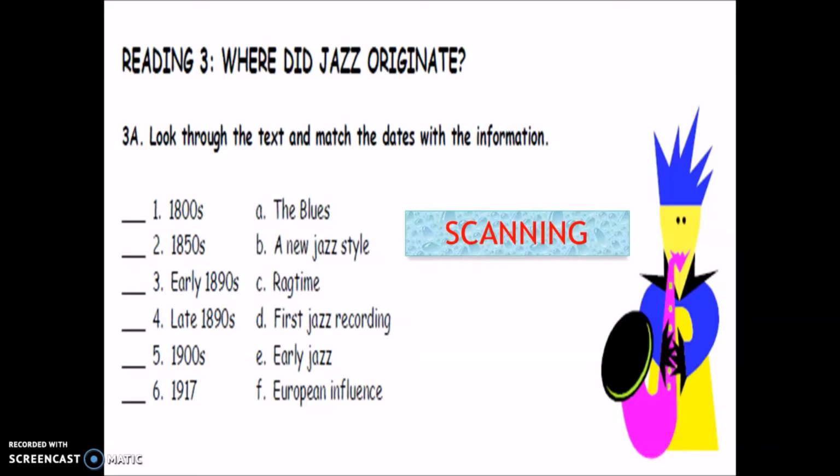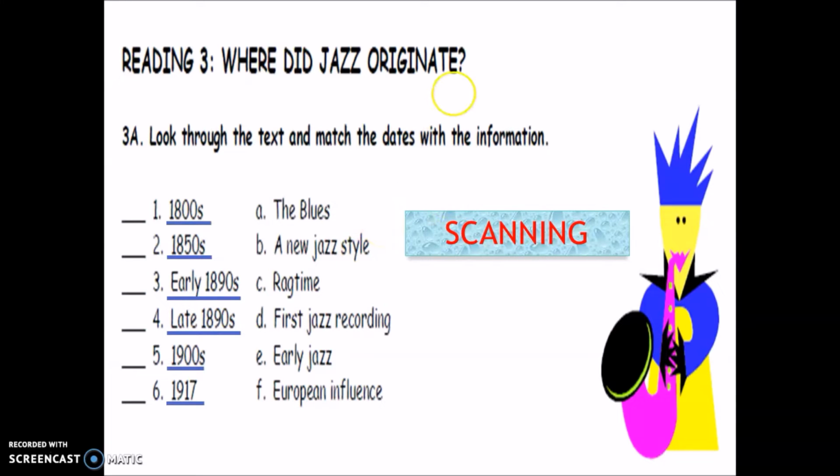We're going to make use of the strategy called scanning. So before you start reading, make sure you underline the dates so that you're going to know what you're looking for in the text. Okay, are you ready to see the paragraphs together?